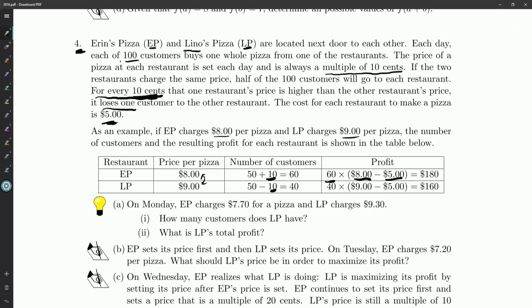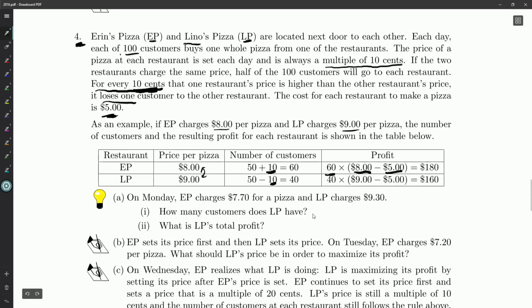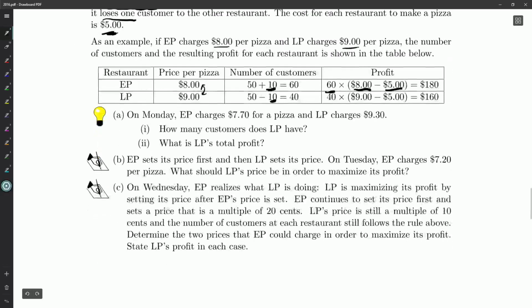Okay, so we understand how the profit works, how the customers work, and everything. We've got 3 parts here, a light bulb and 2 written. A. On Monday, Aaron's Pizza charges $7.70 for a pizza, and Lino's Pizza charges $9.30. How many customers does Lino's Pizza have, and what is Lino's Pizza's total profit?